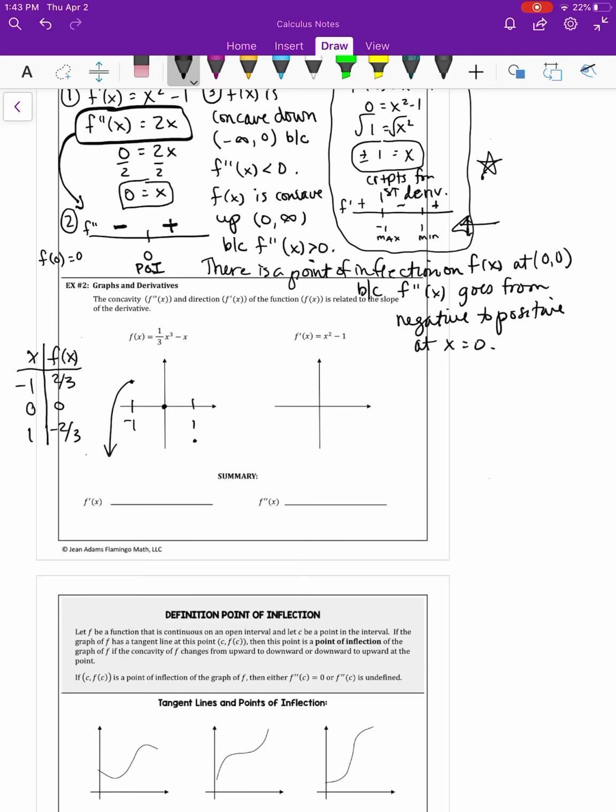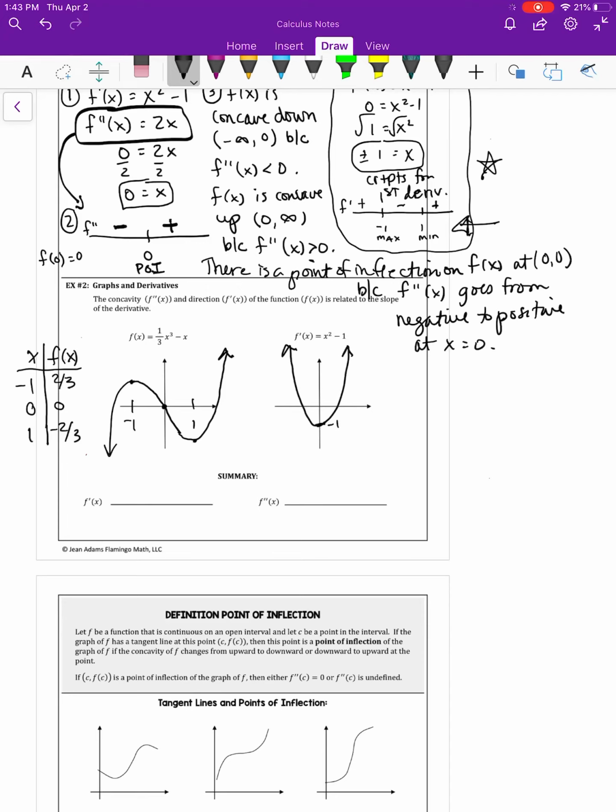But I knew I had a maximum at -1, a point of inflection at (0, 0), and a minimum at x equals 1. And I know what a cubic function looks like, okay? So I had an idea of what this cubic function was going to look like. So there's that one, and then this one's just a translated version of x squared.